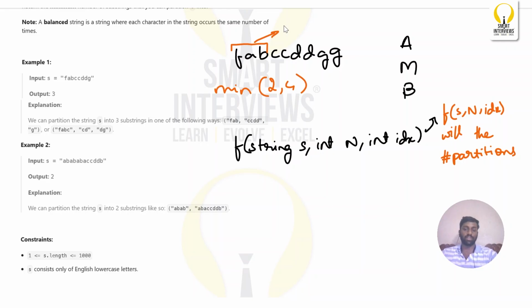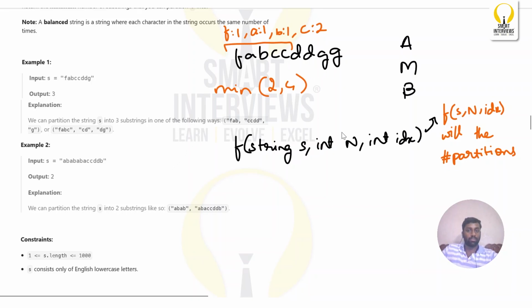If all the frequencies are not the same, that is, even if one frequency is not the same, let's say FABCC is your string. For F you have 1, for A you have 1, for B you have 1, for C you have 2. Even if one of the frequencies is not the same, then the entire substring becomes invalid. You need to keep searching for a better substring.